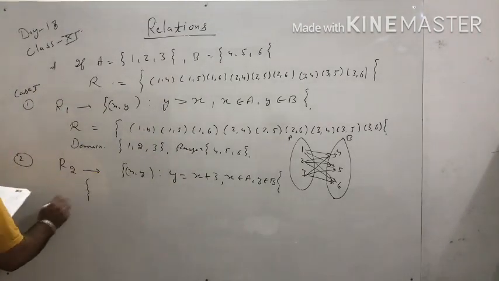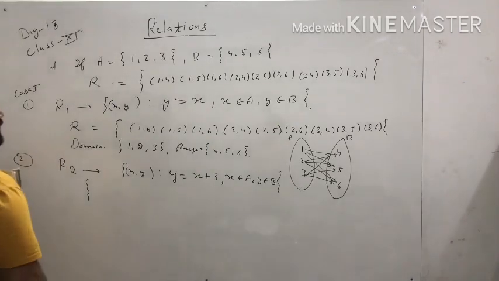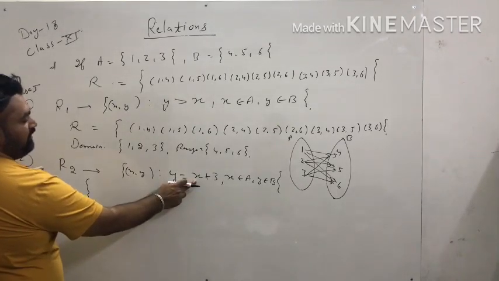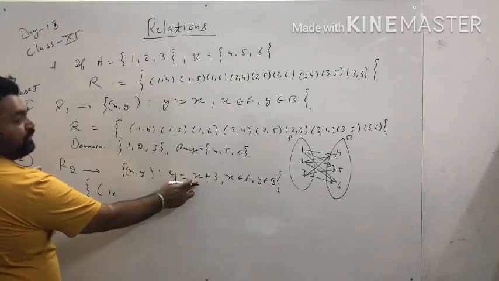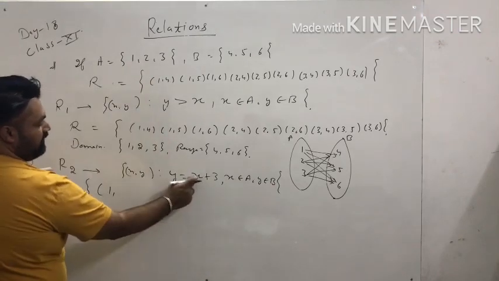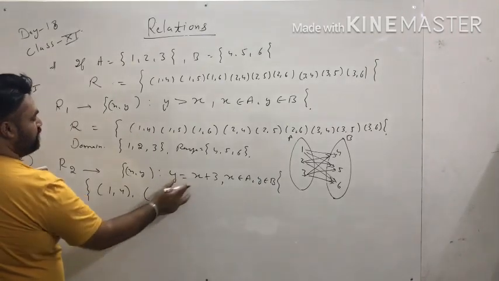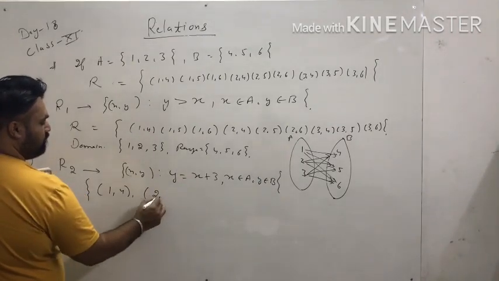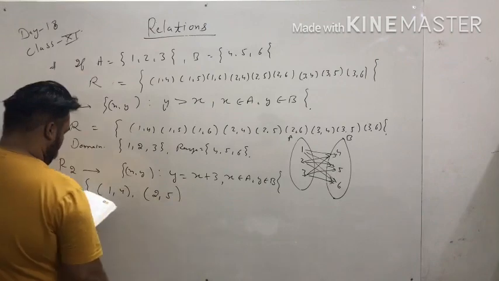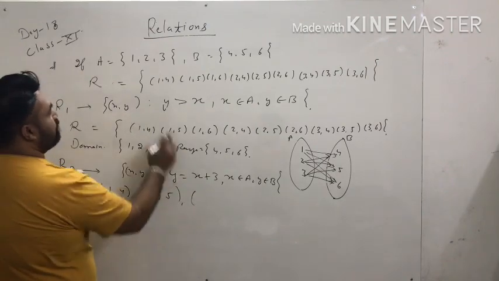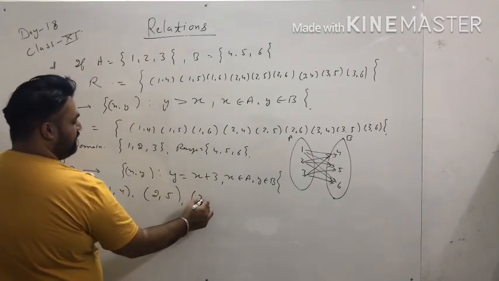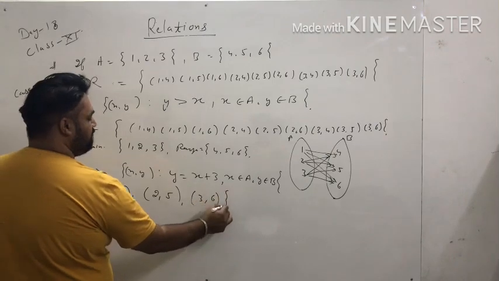So what are the possible ordered pairs? If we put x equals 1, 1 plus 3 becomes 4. If we put x equals 2, 2 plus 3 equals 5. If we put x equals 3, 3 plus 3 equals 6.